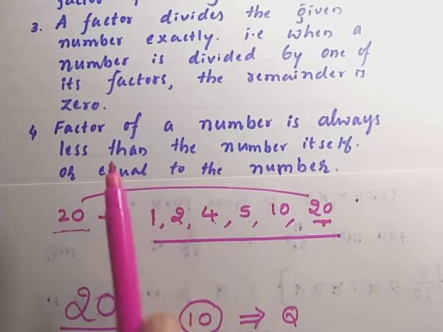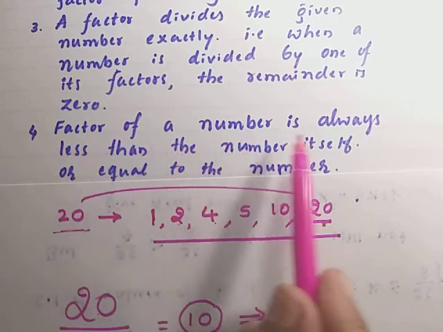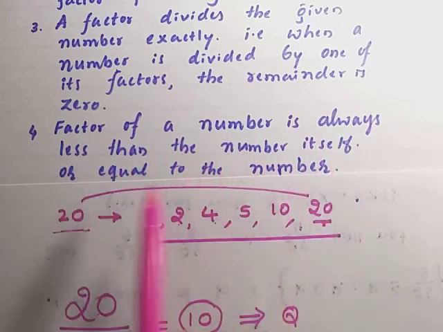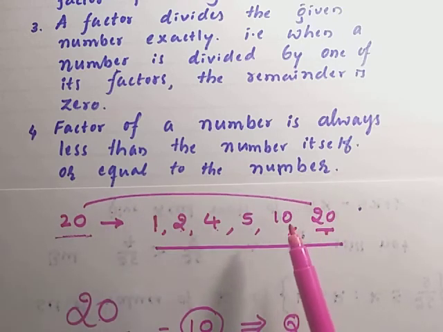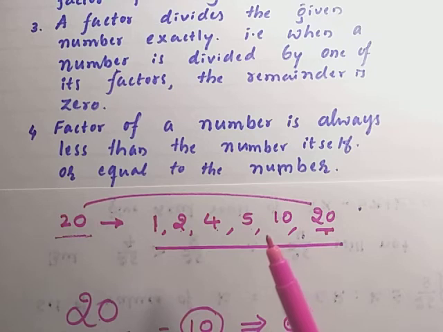And hence, a factor of a number is always less than the number itself or equal to the number. This is how we write the properties of the factors.